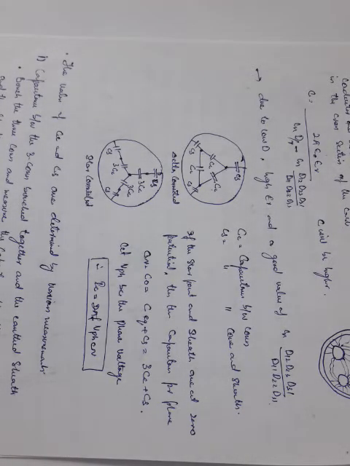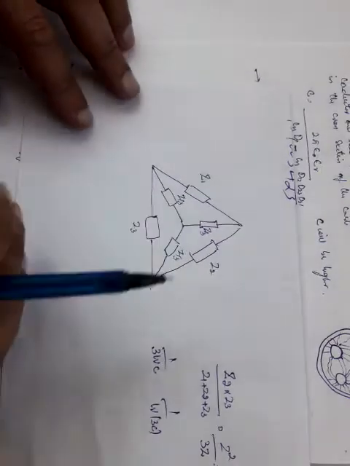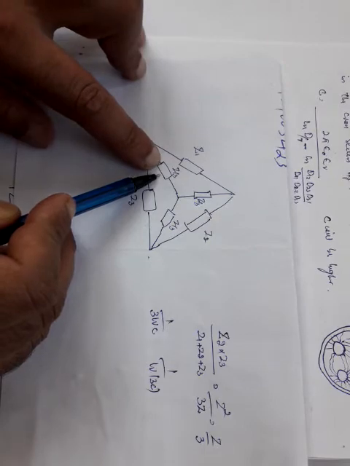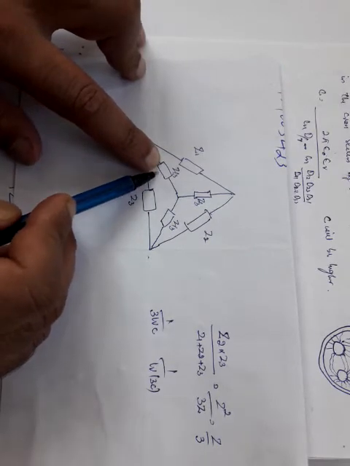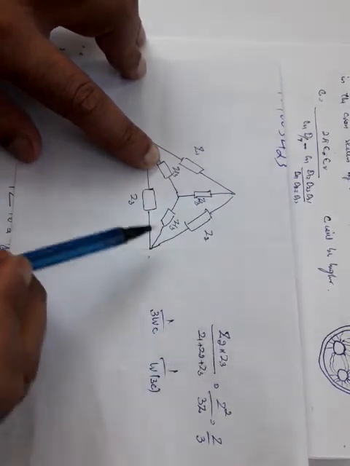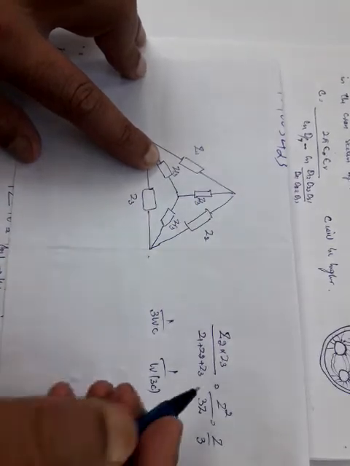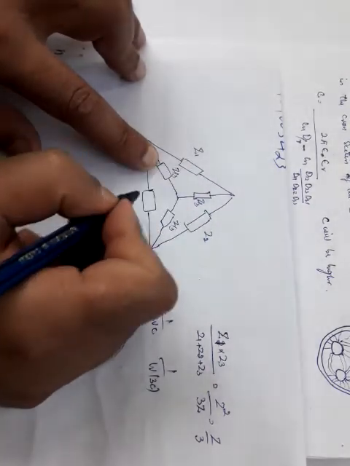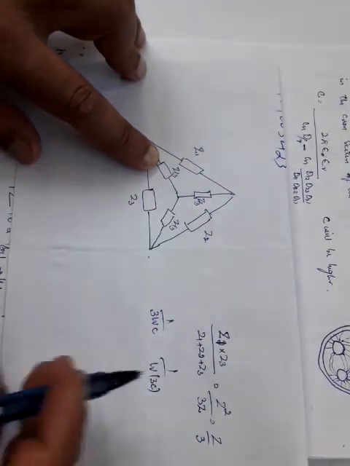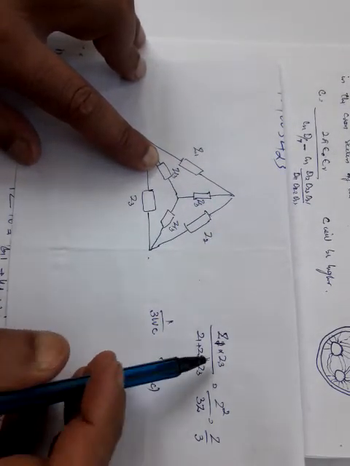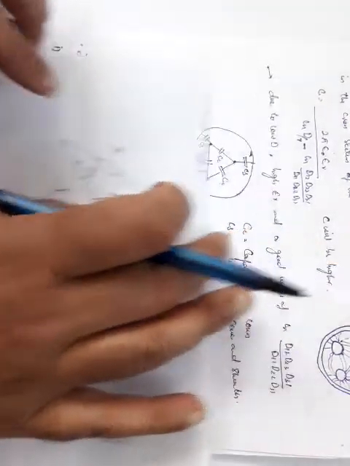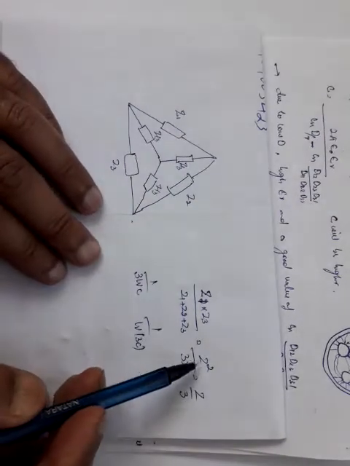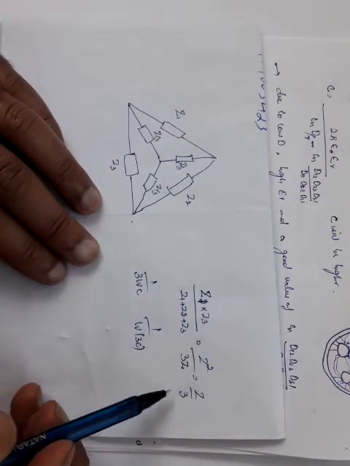Usually we know that when we do the star delta transformation, let us say we will calculate this equivalent impedance, it will be equal to Z2 into Z1, Z1 into Z3, that is these two impedances, divided by Z1 plus Z2 plus Z3. If they are all same, like here all the capacitance or impedance are same, it will be equal to Z square by 3Z, that will be equal to Z by 3.